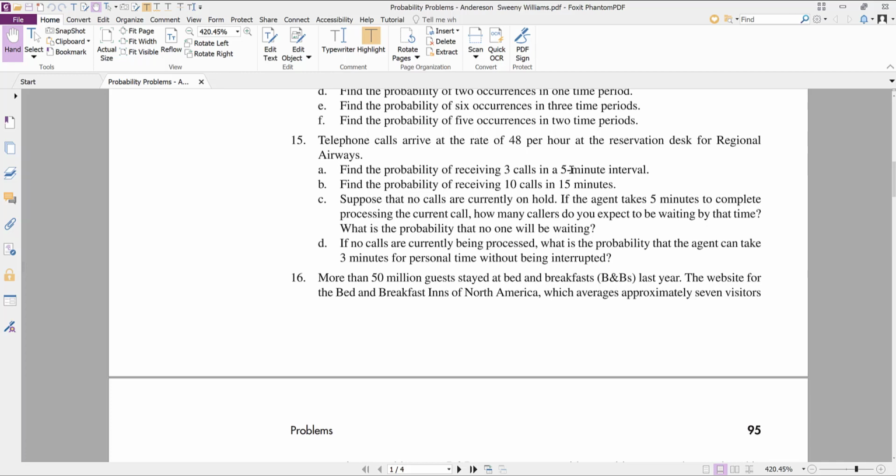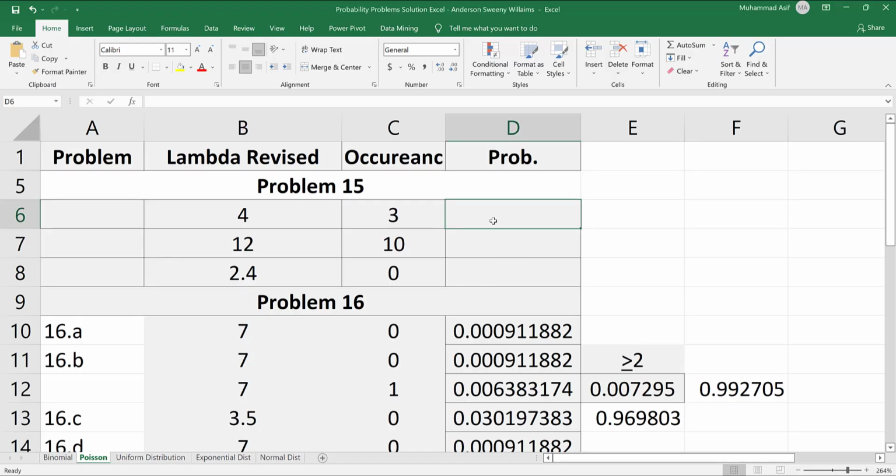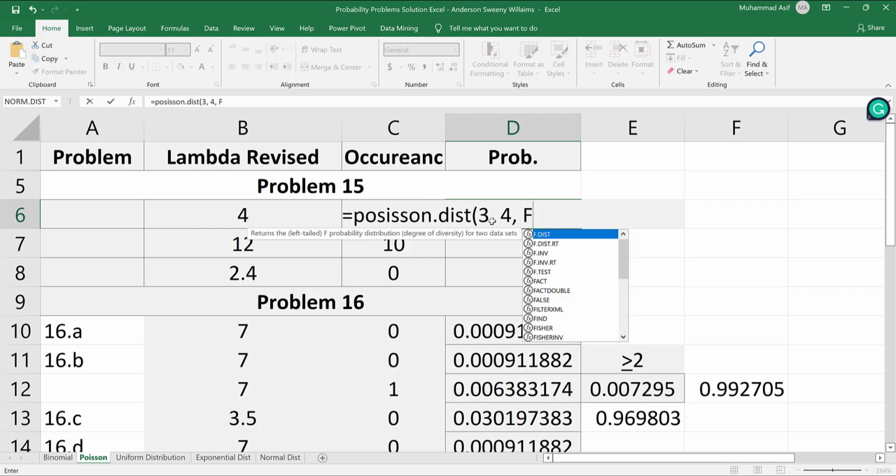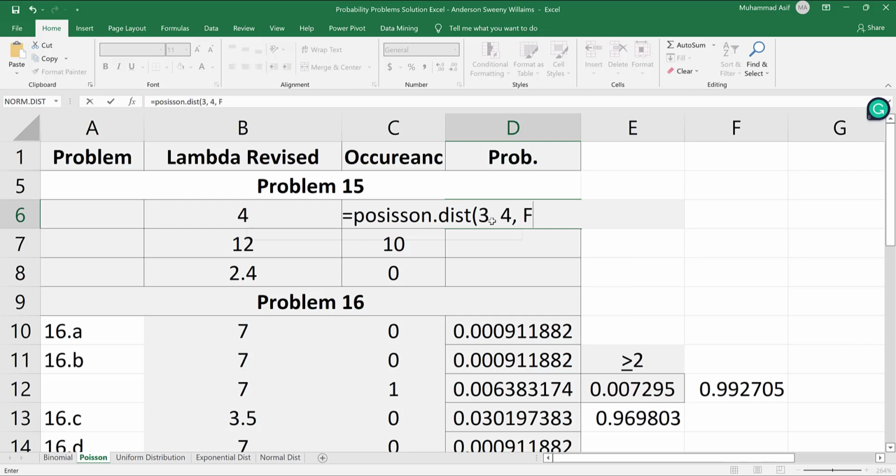So in this question we'll be using 4 as the average, and we will use the Poisson distribution. The number of occurrences in which we are interested is 3, and the mean is 4. Is it cumulative? No, it's not cumulative.